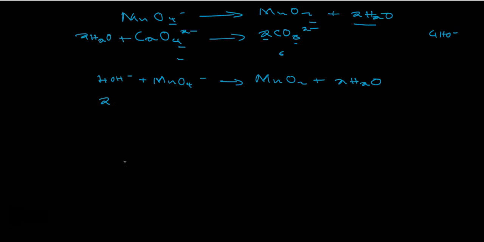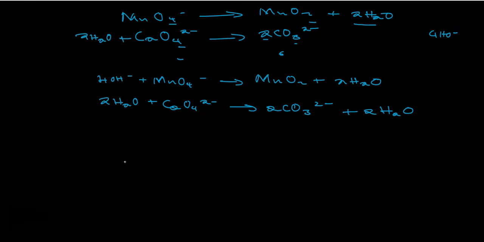We're going to add 4 hydroxide ions to that side. So like this. In basic media, don't make the mistake of going by the acidic medium, or you drift at the end. That method is not recommended.